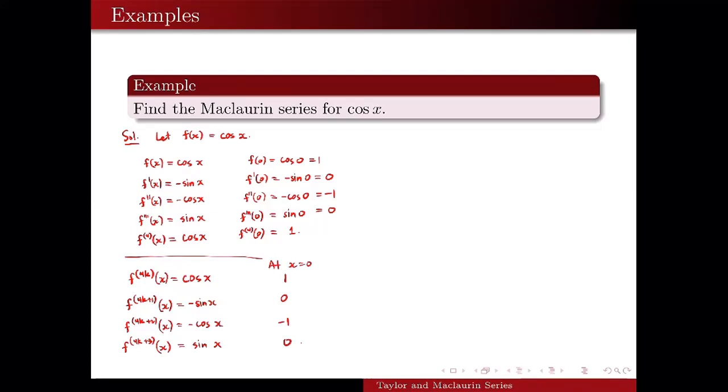So what does this mean? C sub 4k is this guy here divided by 4k quantity factorial.